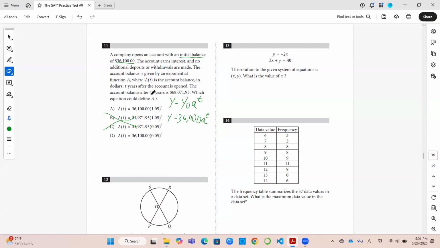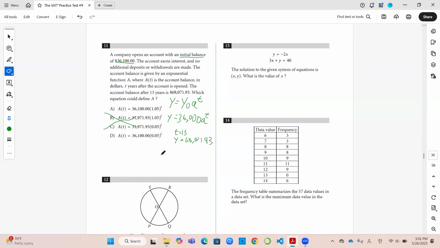So all I got to do is put t is 13 and set y equal to 68,071.93.